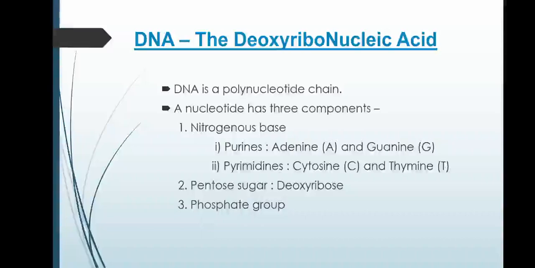We know that there are 4 types of bases: adenine, guanine, cytosine and thymine. Adenine and guanine are purines, and cytosine and thymine are pyrimidines. Another component is the pentose sugar, that is deoxyribose sugar in DNA, and the third one is the phosphate group.